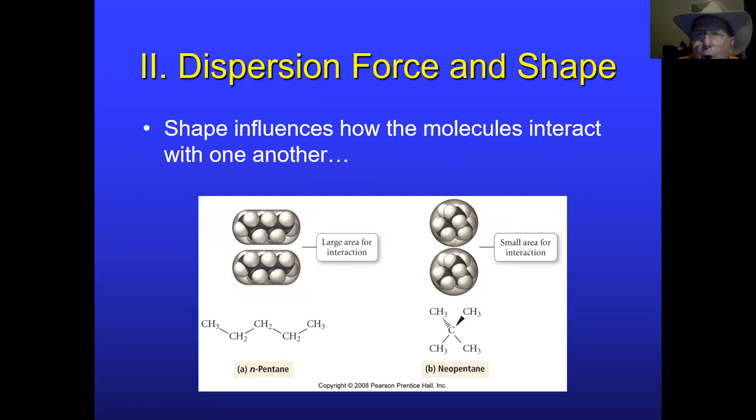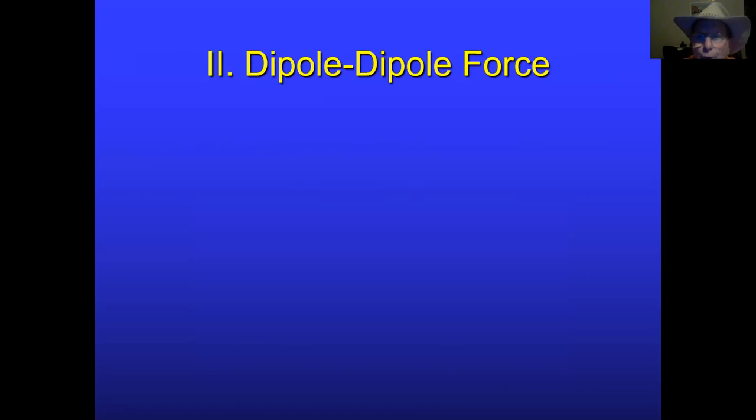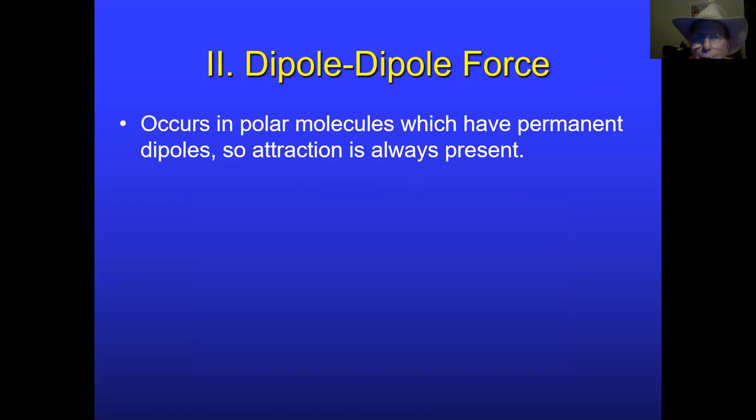All right. Dispersion are temporary forces. What do you think is going to be a stronger force? A temporary one or a permanent one? Permanent one. Makes sense. So if we're dealing with dipole-dipole forces, we are dealing with polar molecules that have permanent dipoles. Do you remember when I was talking about polarity and I was telling you that because there's a difference in electronegativity we have bonds which are polar?